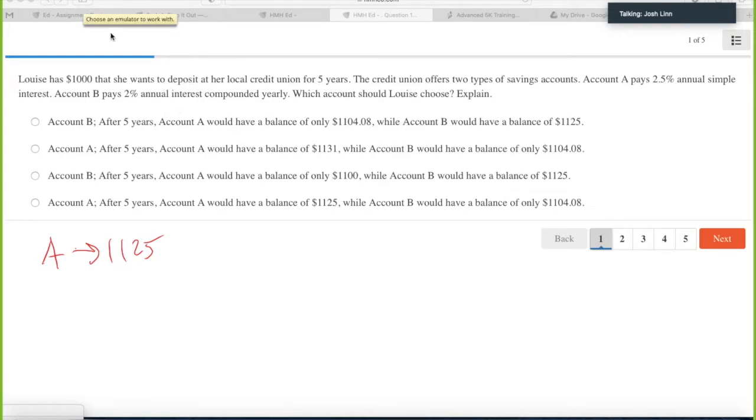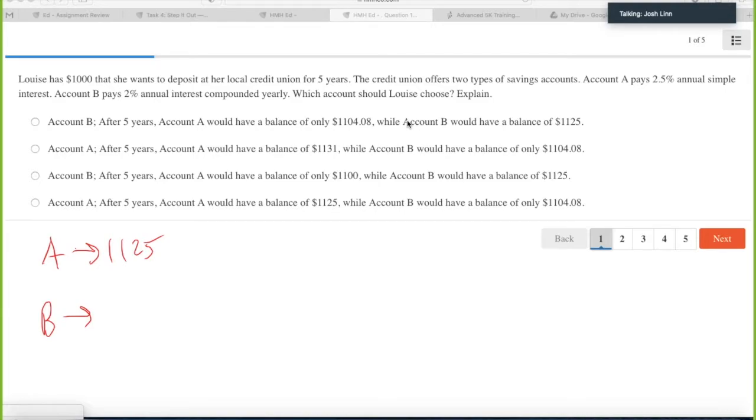So let's just figure out what account B is after 5 years. Account B is compounded annually.